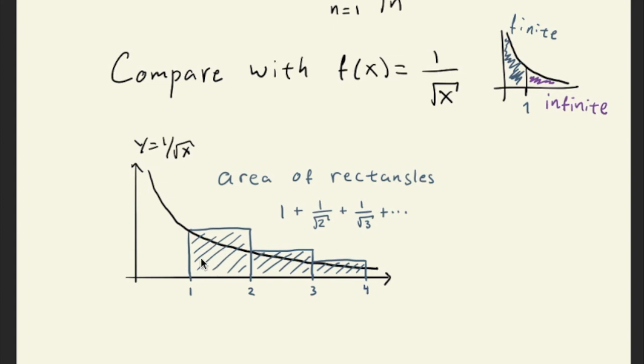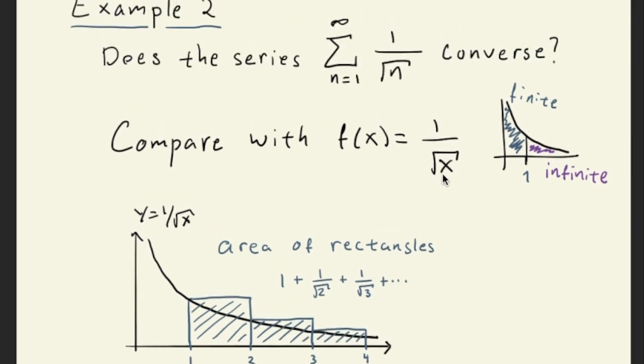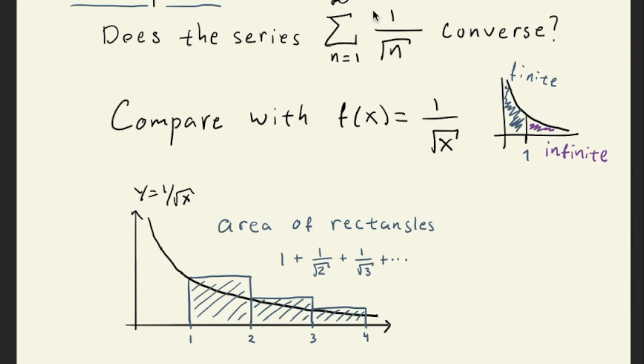Why? Because I know that the area under the graph is infinite, and so by this picture, the sum of the areas of the rectangles is going to be infinite, right? So I'm trying to get a lower bound, basically, instead of an upper bound. Let me scroll up so you see the difference. Because this integral diverged, I'm going to compare my series saying that this series is bigger than this integral, and that's why I went to the right, to say that these rectangles add to more area than the area under the graph.